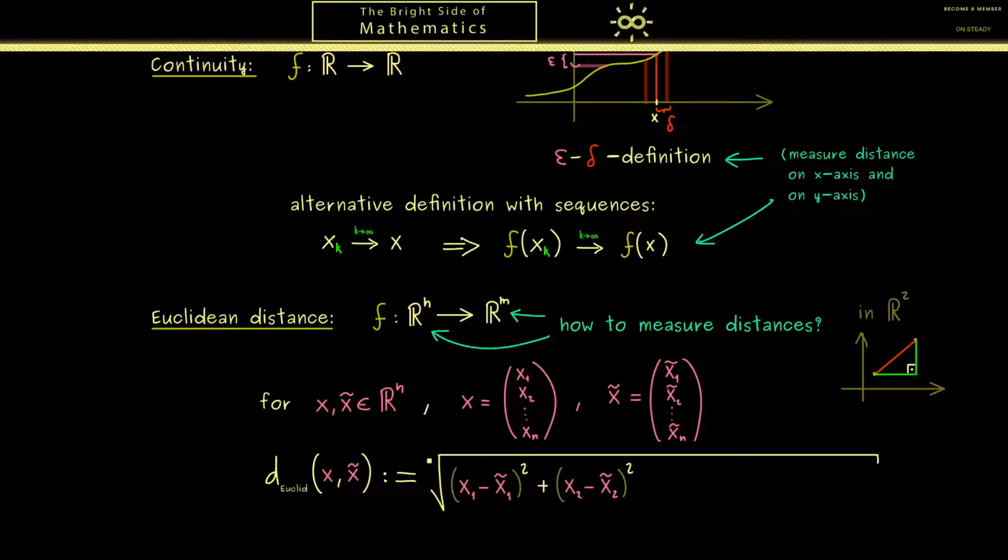Okay, and here you know the square root of these two things in R2 will give us the length of the hypotenuse. Therefore, the only thing that remains now is to generalize this fact to n dimensions. Which simply means we continue with the squares here until we reach the last components. Okay, there you have it.